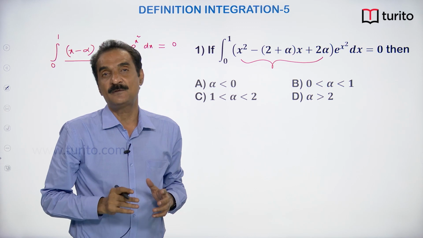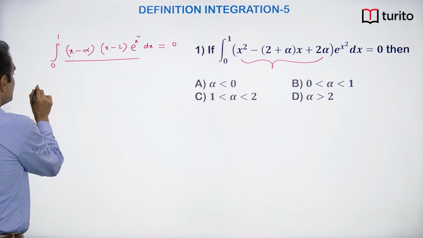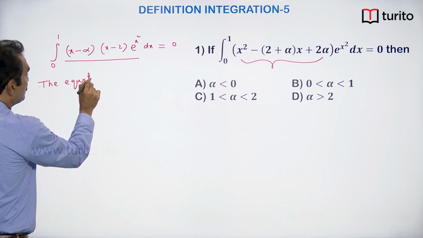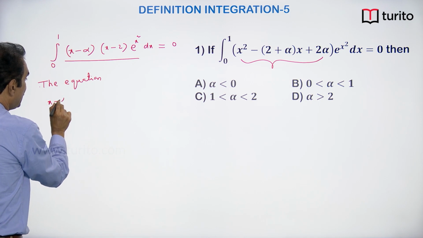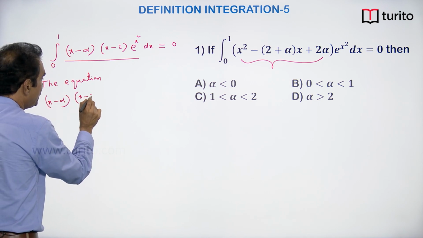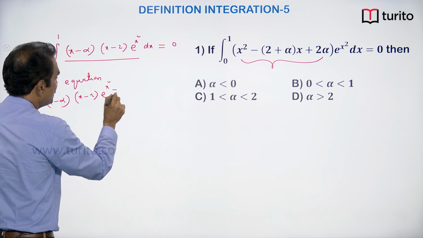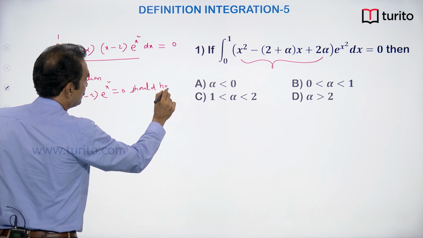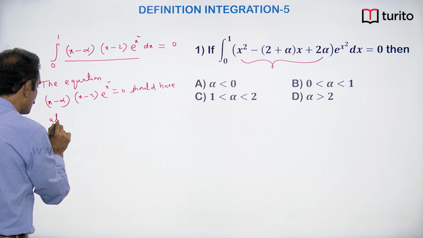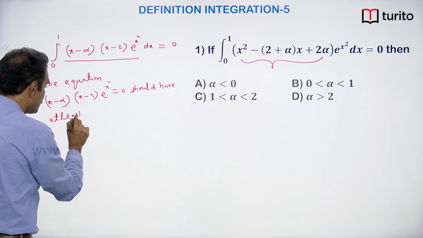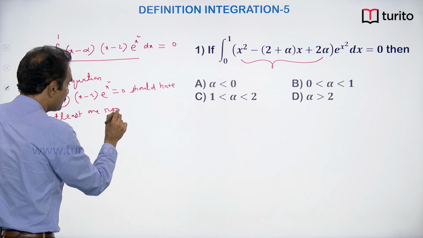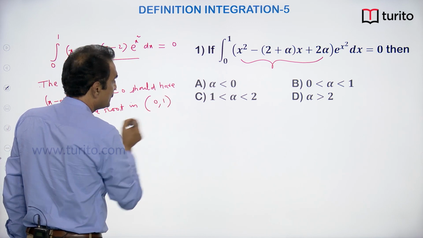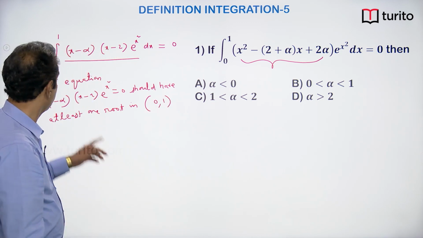Now, by intermediate value theorem, the equation x minus alpha into x minus 2 into e power x square is equal to 0 should have at least one root in the open interval 0 to 1 by intermediate value theorem.